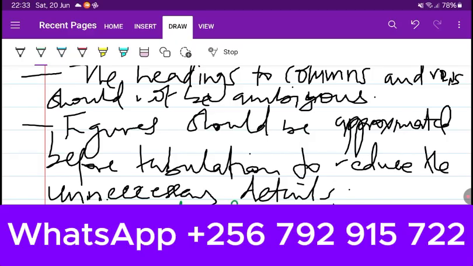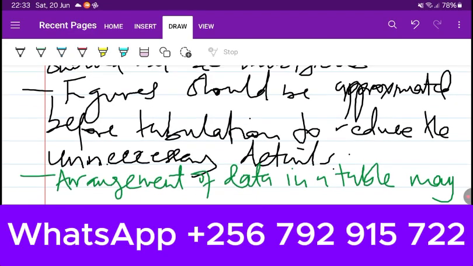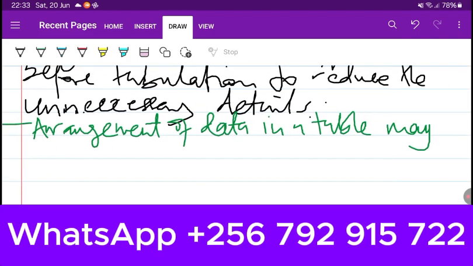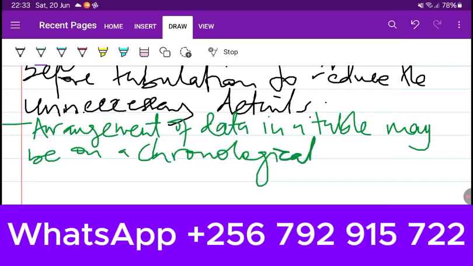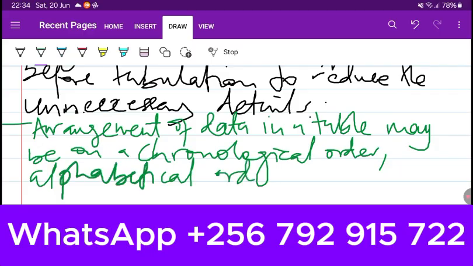Arrangement of data in a table may be in chronological order, or alphabetical order, or it could be according to magnitude.